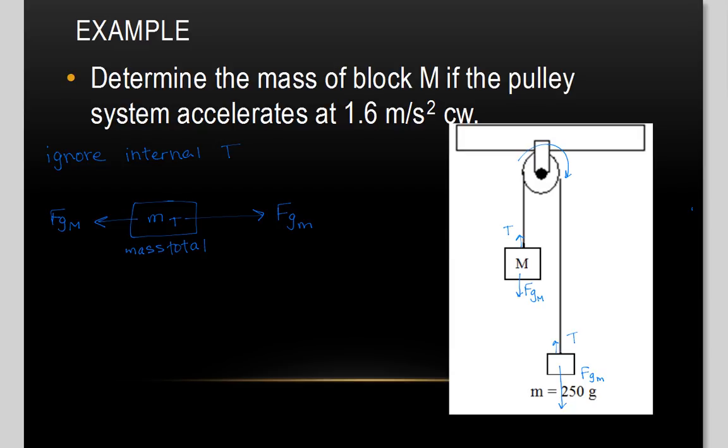All the pulley does is take those horizontal forces and make them vertical. So we can analyze it in that sense. So just like before, F net equals MA. Which one's larger? Fg lowercase m take away Fg uppercase m, and that equals mass total times acceleration.